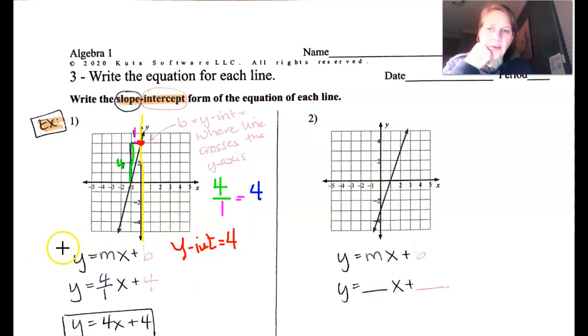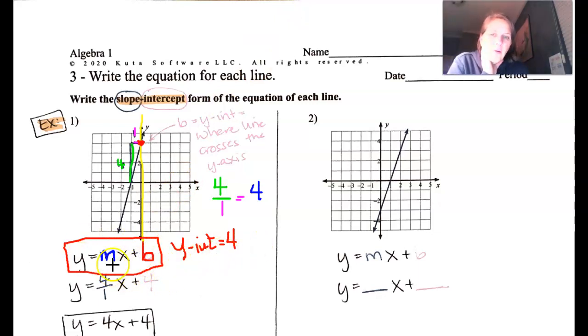So when we have this equation right here, our slope is represented by the m, and our y-intercept is represented by the b, which is right here. When we write our equation, we have the m, which is our slope, and we found our slope over here, which was 4.